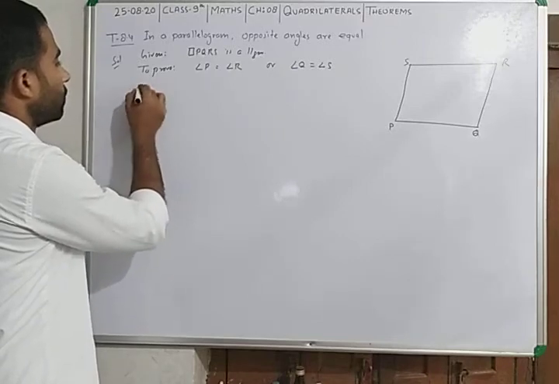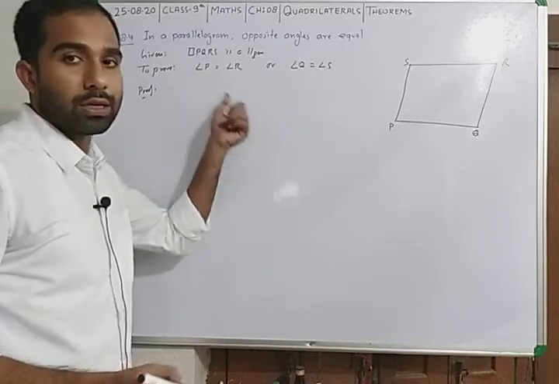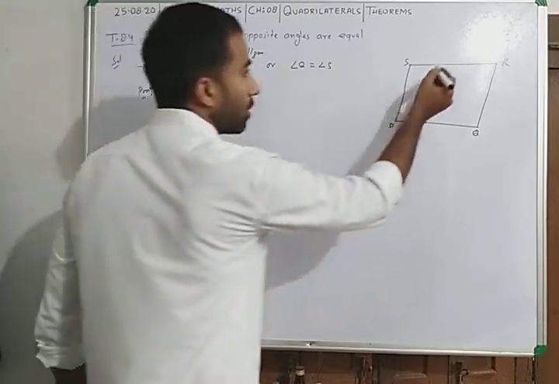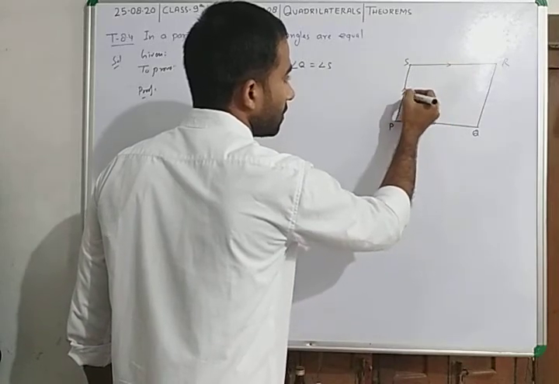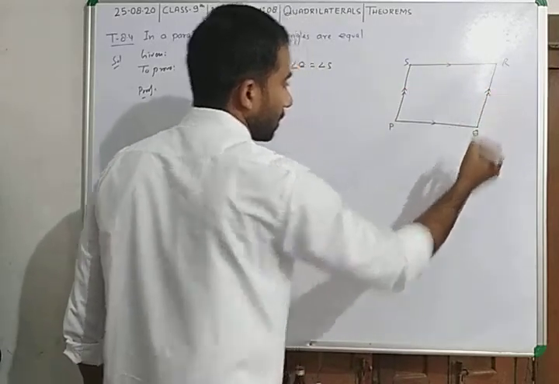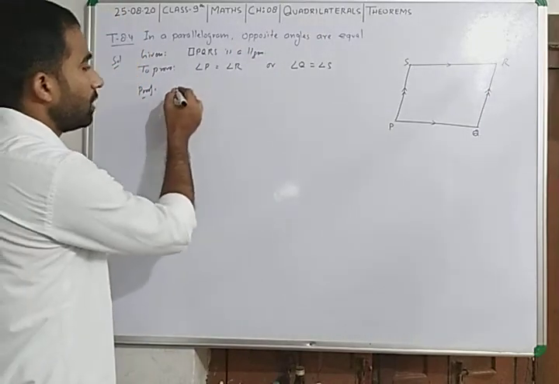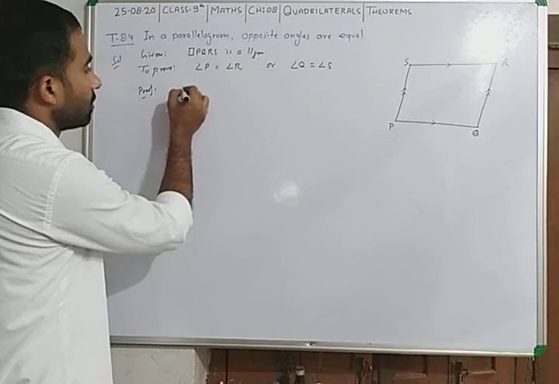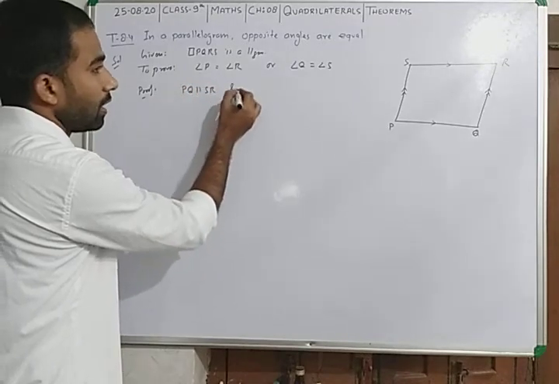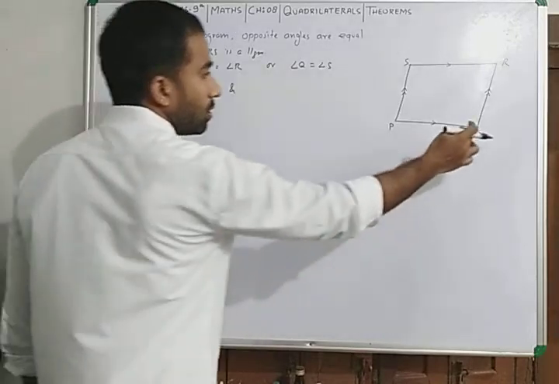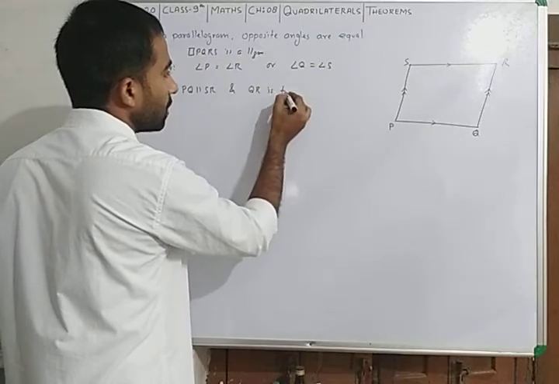Now, proof. As you can see, the given quadrilateral is a parallelogram, so it means this side is parallel to this side and this side is parallel to this side. So we write here PQ is parallel to SR and QR is transversal.